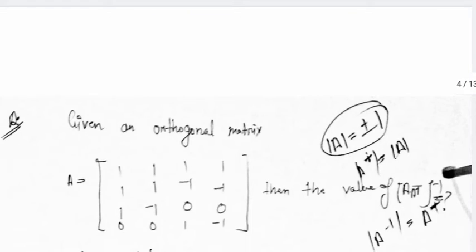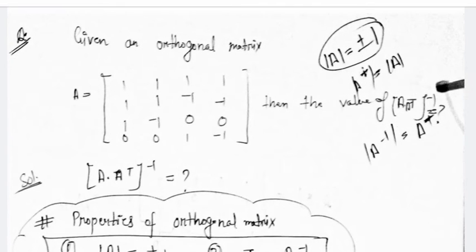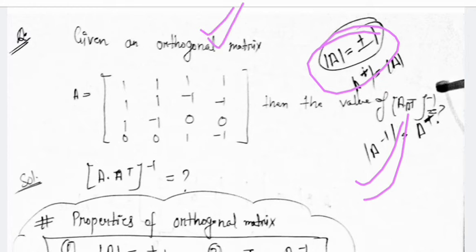The next question is defined as: given an orthogonal matrix, this is the orthogonal matrix A, then what is the value of A dot A transpose inverse? We know that if a matrix is orthogonal, the determinant must be plus or minus 1, and due to this we also know that the inverse of A is equal to the transpose of A in the case of an orthogonal matrix.